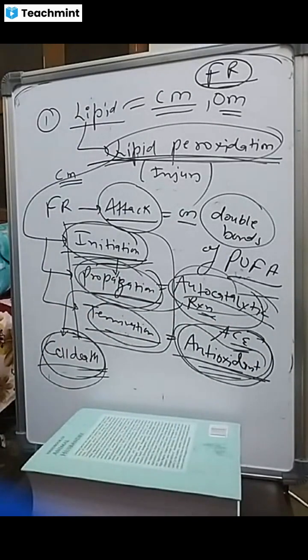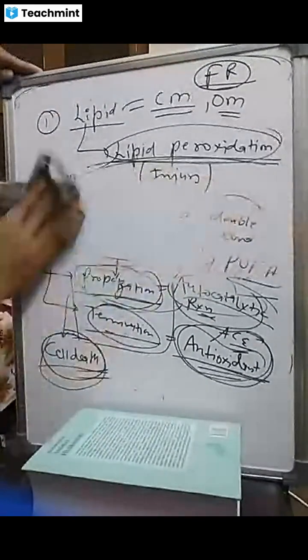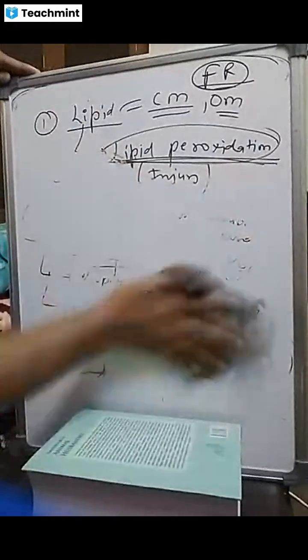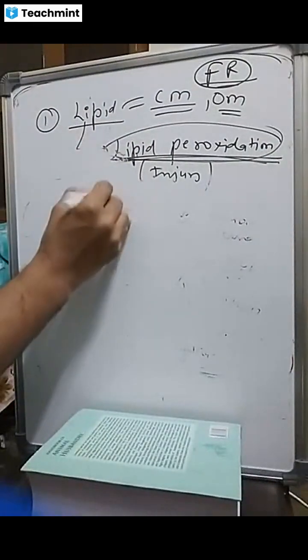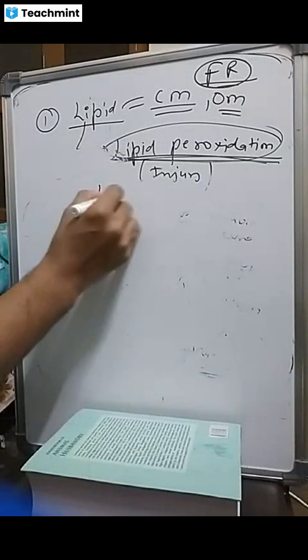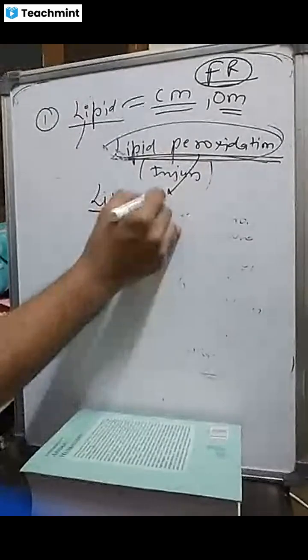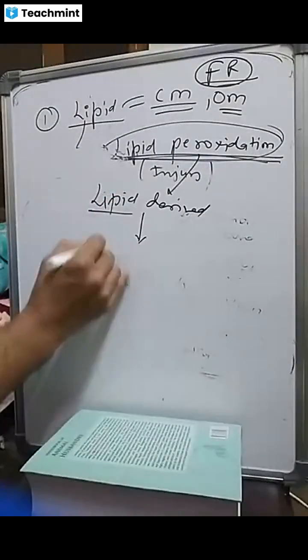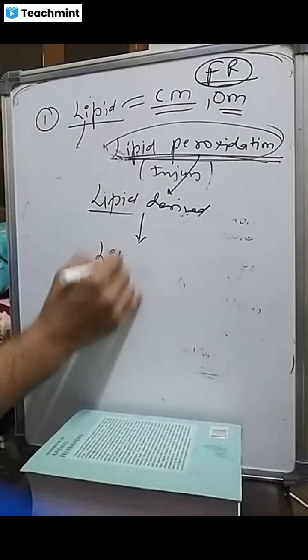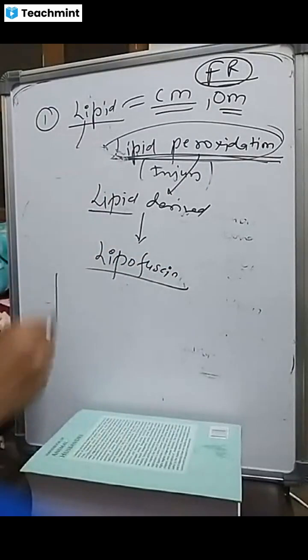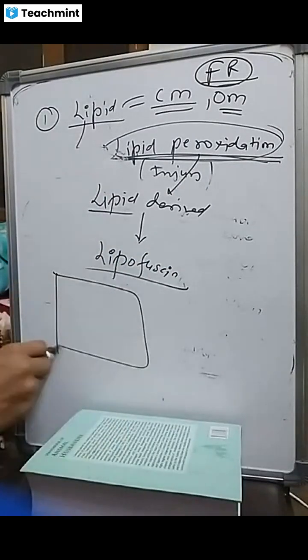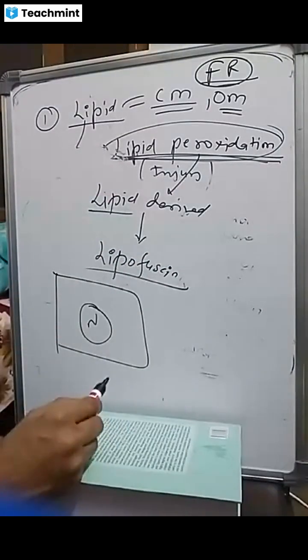During lipid peroxidation, one important lipid-derived molecule is formed, a pigment, lipofuscin.